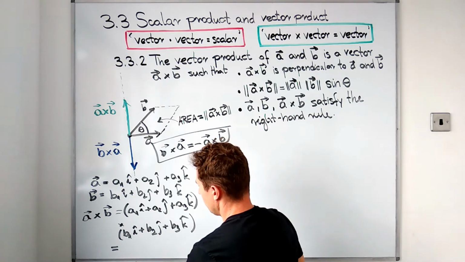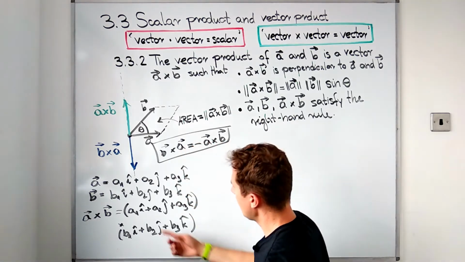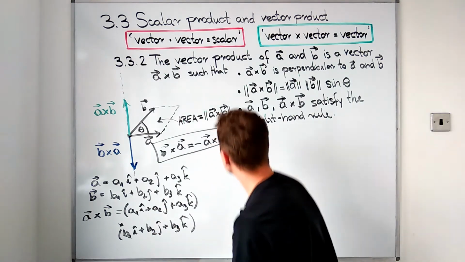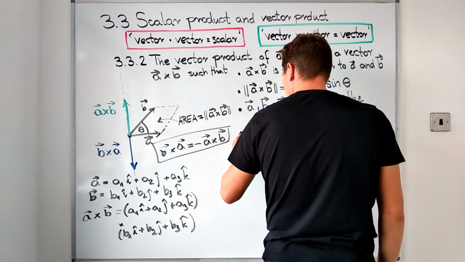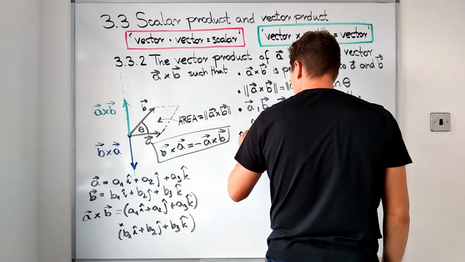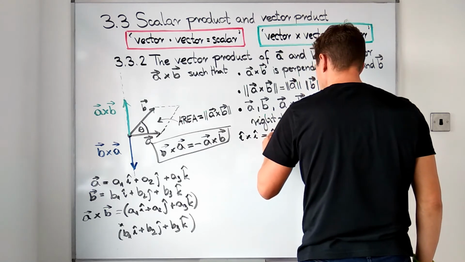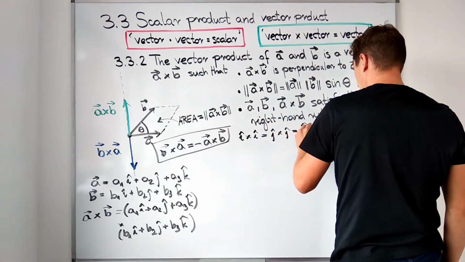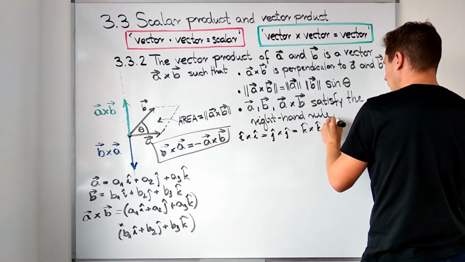So in order for us to calculate this expansion, we have to know the vector products between the basis vectors, and let's just quickly try to list these. So the cross product, the vector product of i with itself is the same thing as j with itself, which is the same thing as k with itself, which is going to be the 0 vector.